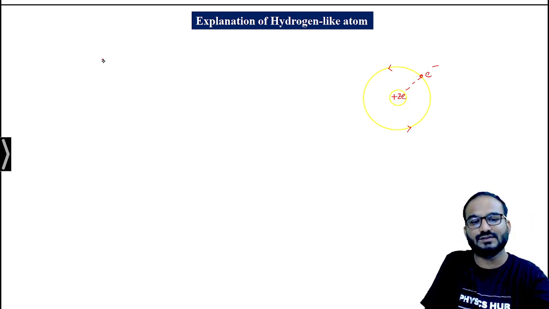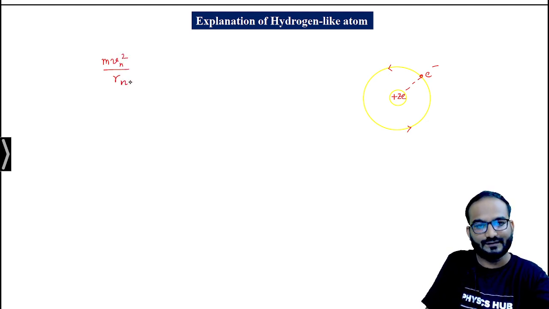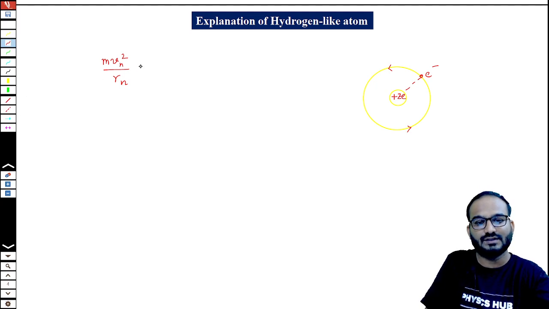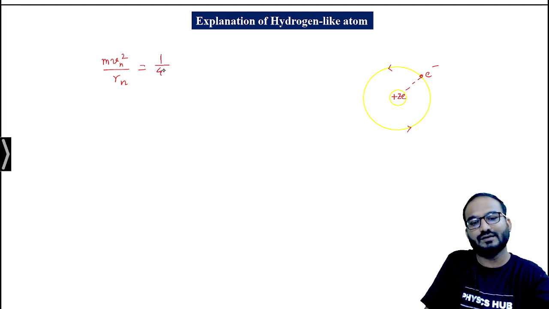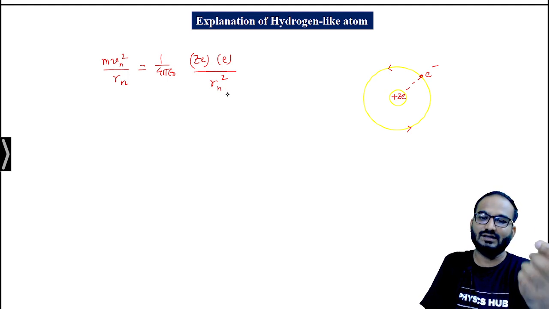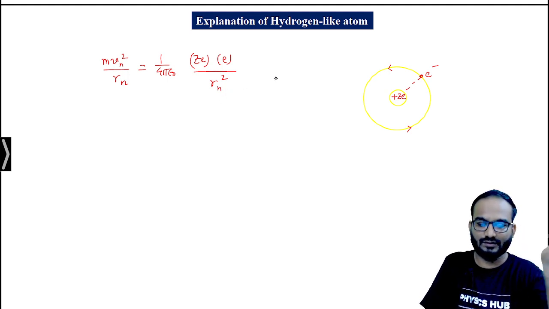The centrifugal force, if you take mass of the electron to be m, is m vn square divided by Rn. This should be equals to 1 by 4 pi epsilon naught Ze square divided by Rn square. We are calculating it for a general orbit, nth orbit.